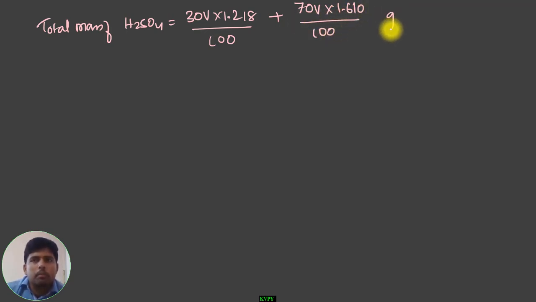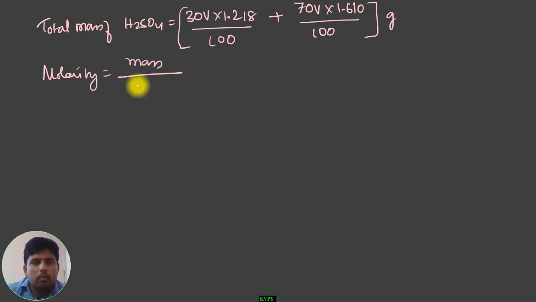This is actually in grams. So molarity is equal to mass divided by 98, that is the molar mass of sulfuric acid, into volume, into 1000, because our volume is in milliliter.